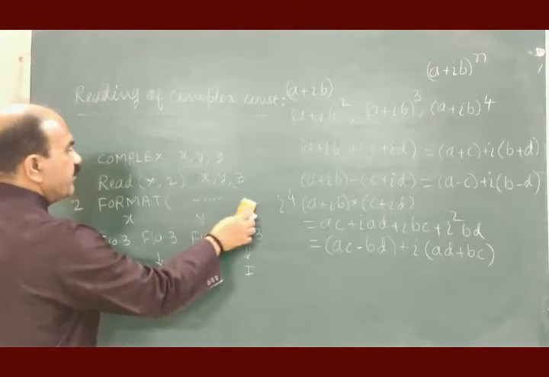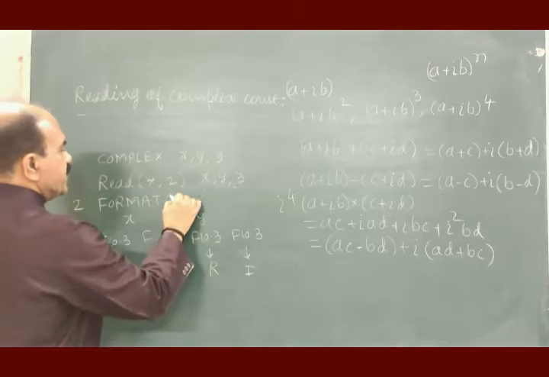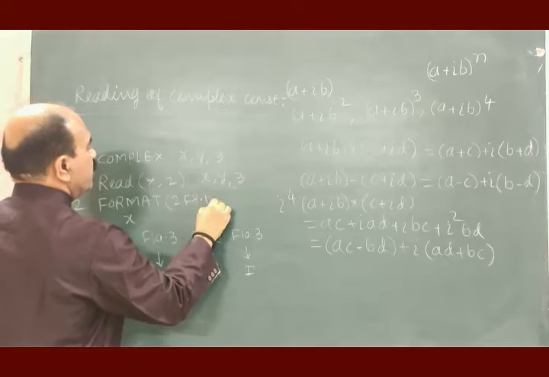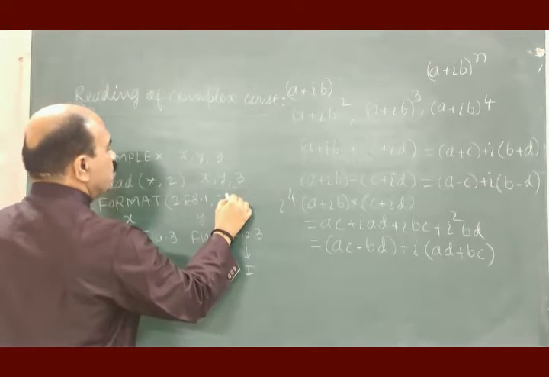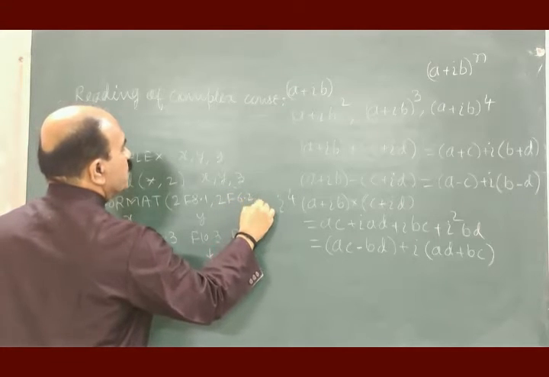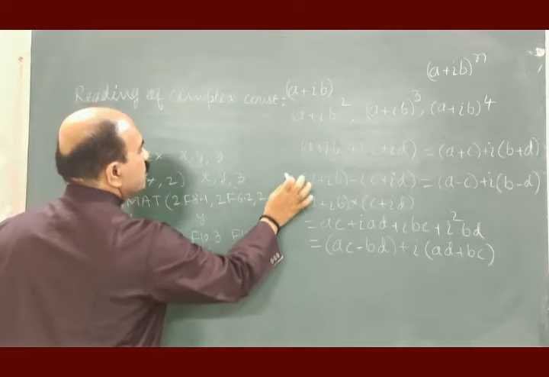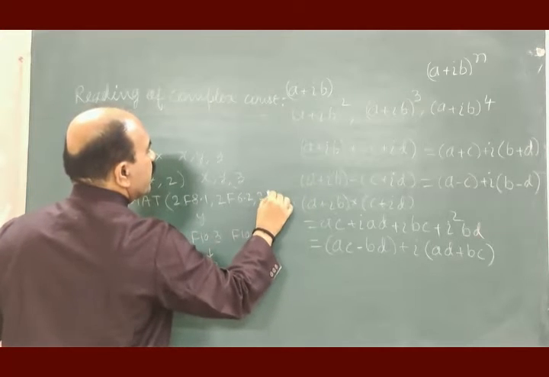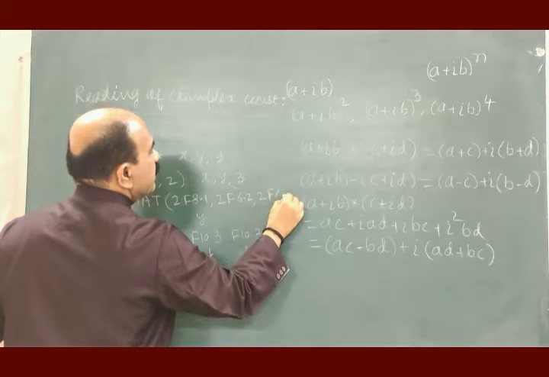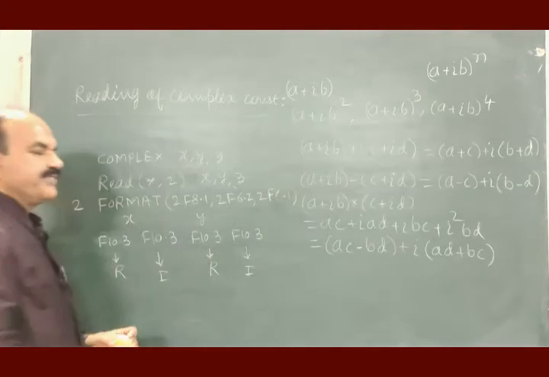For example, I may write this as 2F8.1, comma, 2F6.2, comma, 2F6.1.